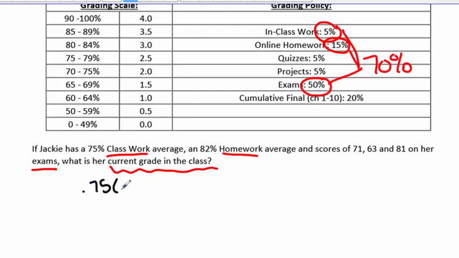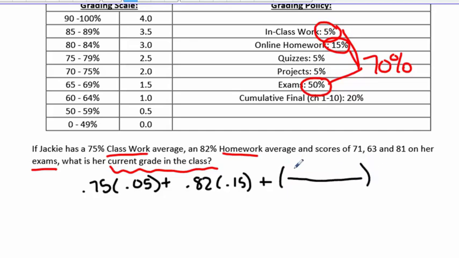75%, times its weight, 5%, so 0.05, plus homework, her average is 0.82, times the homework weight, which is 15%, plus her exam average. So we're going to compute her exam average like we would normally compute an average: add all the scores, 71 plus 63 plus 81, and divide by the number of points possible.